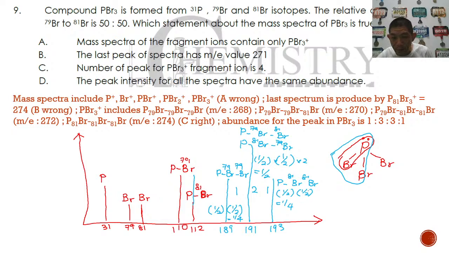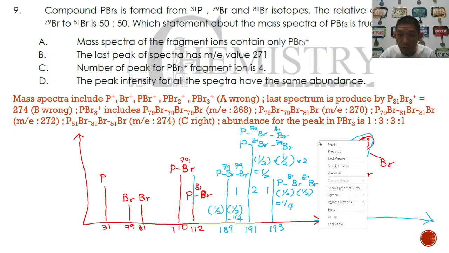Okay, and last but not least, the last one goes to PBr3. What is the possible peak for the PBr3? It can have 4 peaks. Let's have a look together. What are the possible 4 peaks in here?